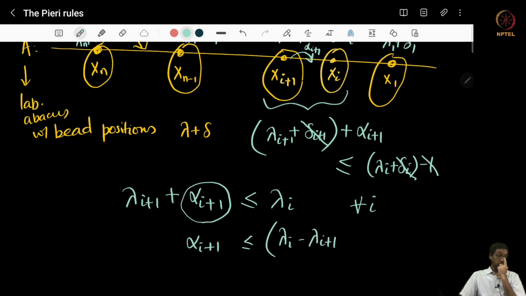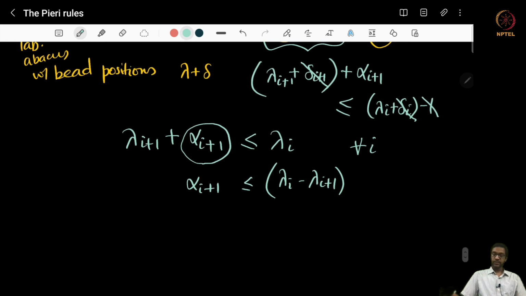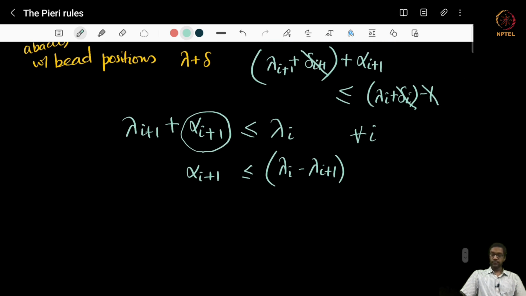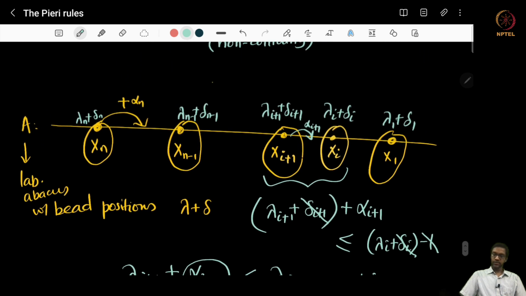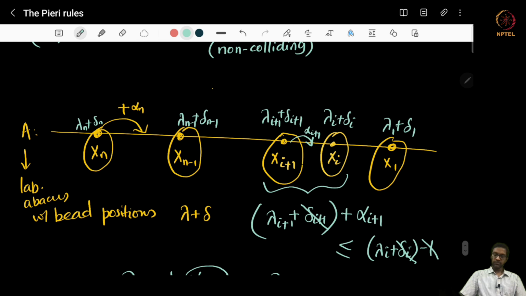Good. So now if you go back and see what this implies about the mu itself, observe lambda I. If you see finally the bead positions, what are the final bead positions?